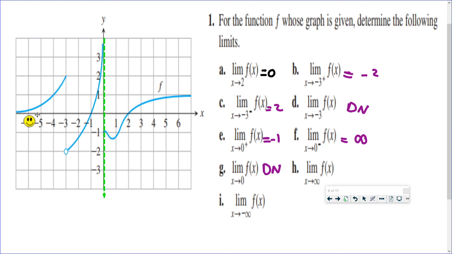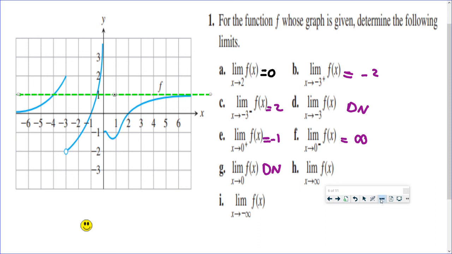The function goes crazy, jumps up to the sky, jumps back here and continues on forever. But actually, it almost touches the line y equals 1. That's the kind of horizontal asymptote.